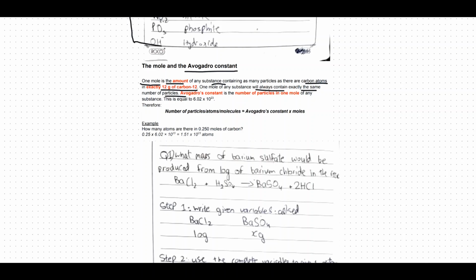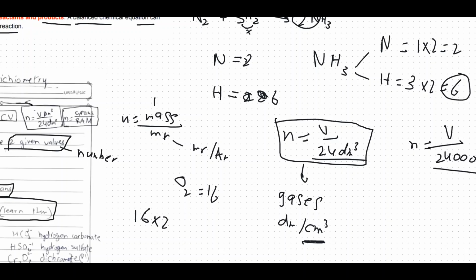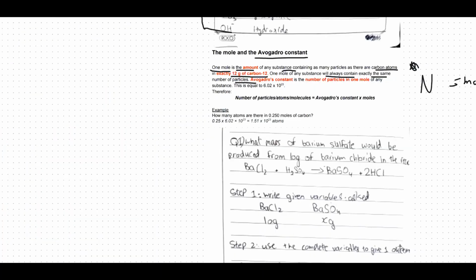So don't focus a lot on this, but there is one unique formula, which is number of particles. Number of particles is denoted by capital N. This would be equal to the number of moles, the number of moles that you just found using these 3 equations, multiplied by the Avogadro's constant, A. And Avogadro's constant is 6 times 10 raised to power 23.